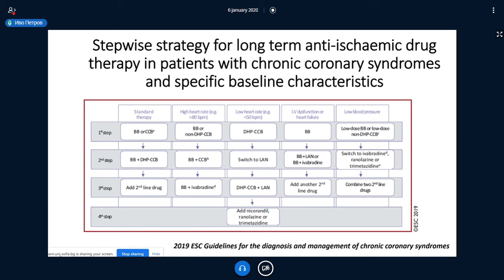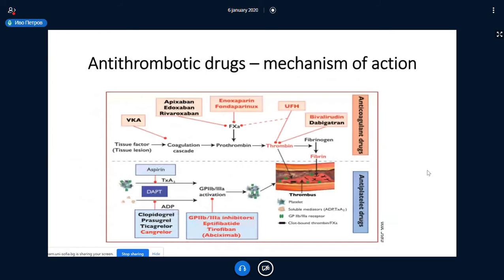So in most of the cases, there is a stepwise strategy: titration of the doses of the first medication, adding a second medication, a third medication, and more than obvious, in case we have 2 or 3 anti-ischemic drugs and the patient is still symptomatic and has more than second functional class, we are going to the next step, that is revascularization. We are going to use, of course, coronary angio and revascularization.